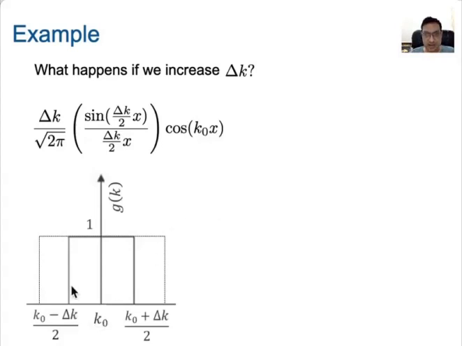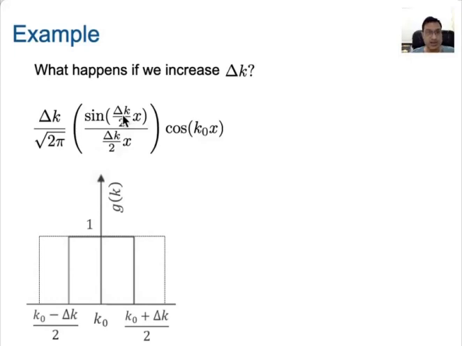This was my original box, which was the solid line, and now I just increased the value. This dotted line is now my increased box. How will this affect this quantity? Because this quantity depends on delta k.